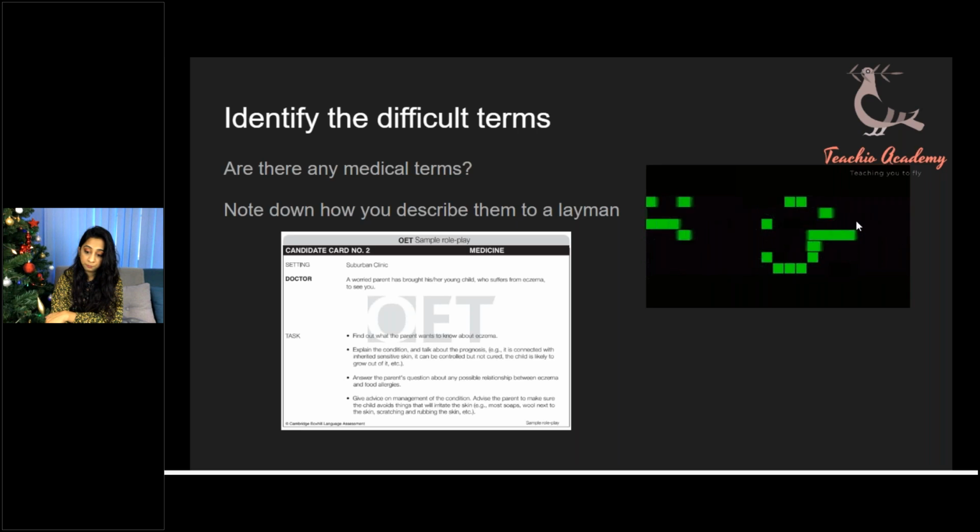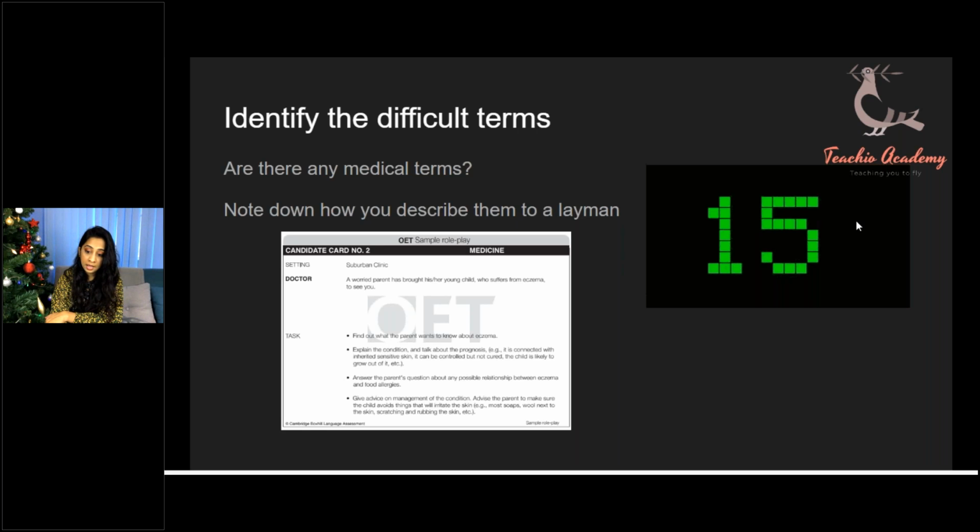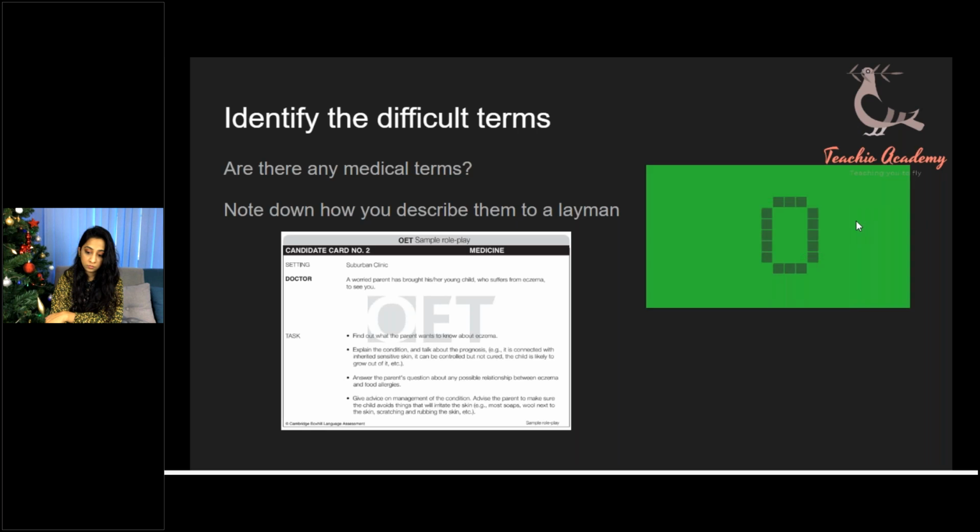Excellent. So everyone's identified eczema as a difficult term, which is good. And there's another difficult term, if you guys want to identify, perhaps one more. Okay, excellent.